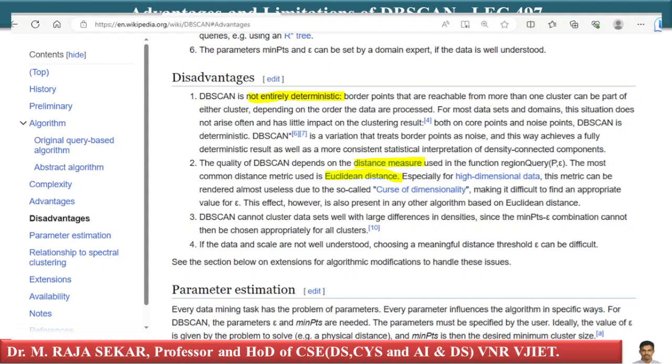You will get the problem of curse of dimensionality, and if you have data sets with large differences in densities, it will not work very well. If the domain expert does not understand the data and scale of the data very well, setting the right threshold, min points and epsilon, may be hard.